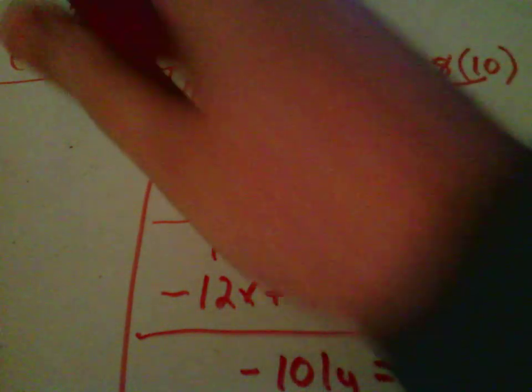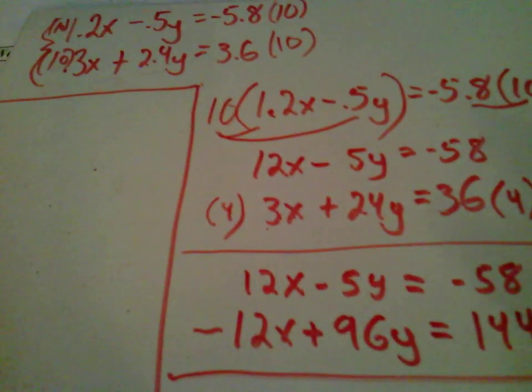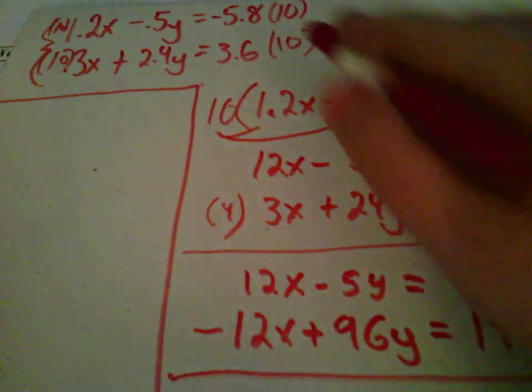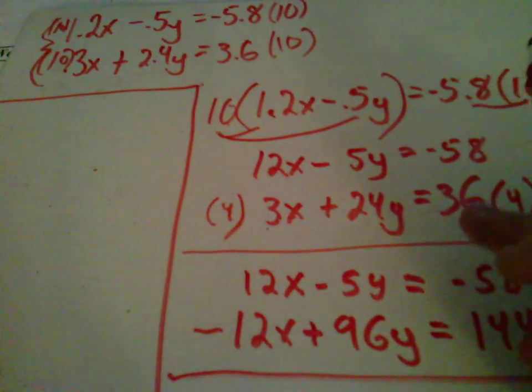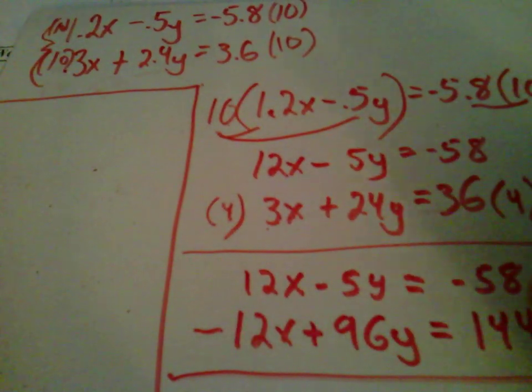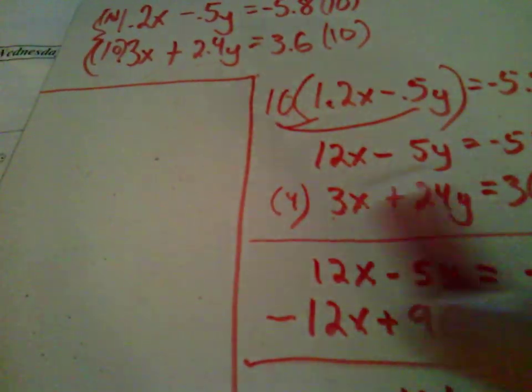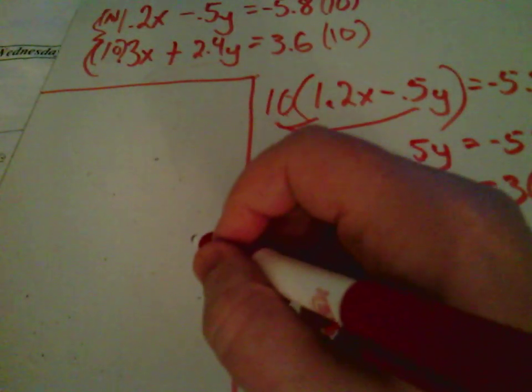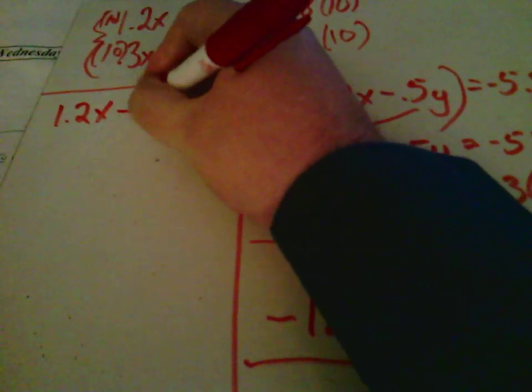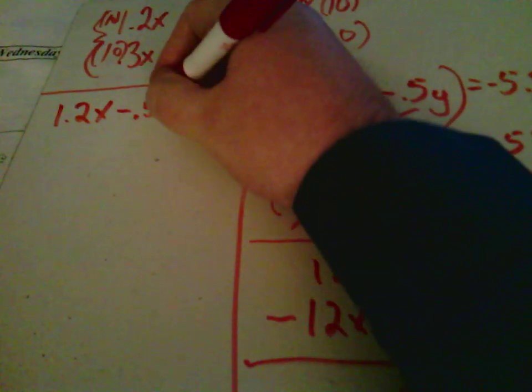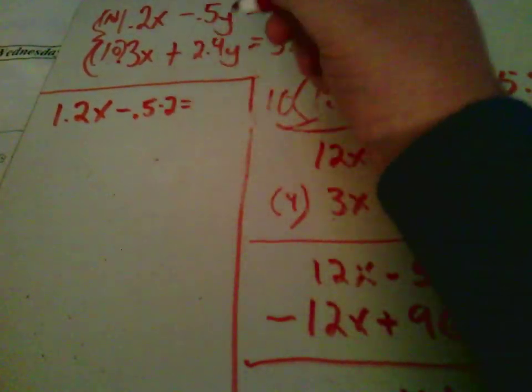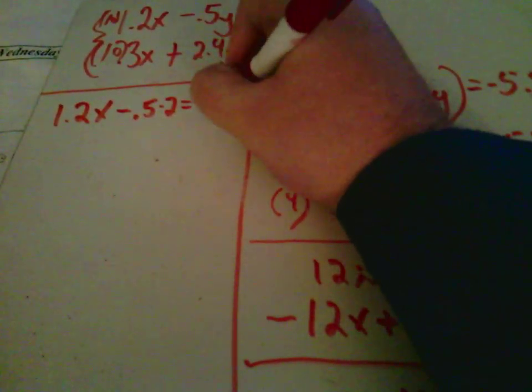Let's go back to the very base equation, just to prove to you that even though we modified it by multiplying everything by 10, it didn't change anything at all. Let's go back to this primary first start here. So 1.2 times x minus 0.5 times y, which is 2, equals negative 5.8.